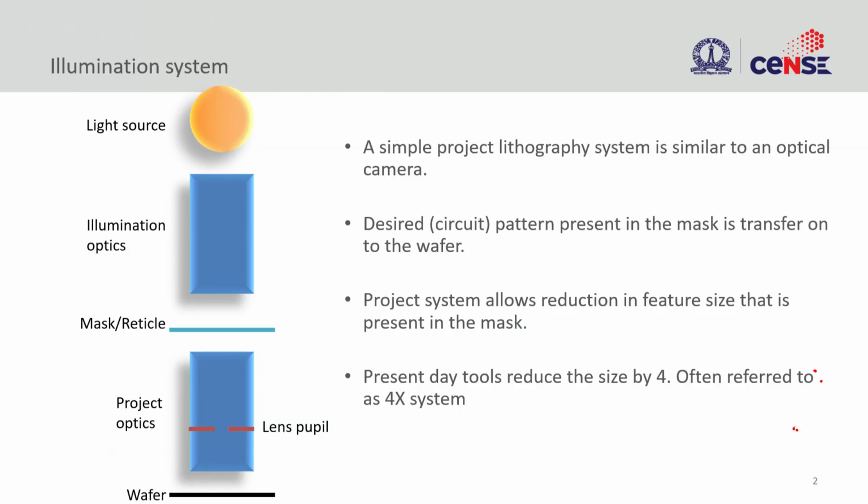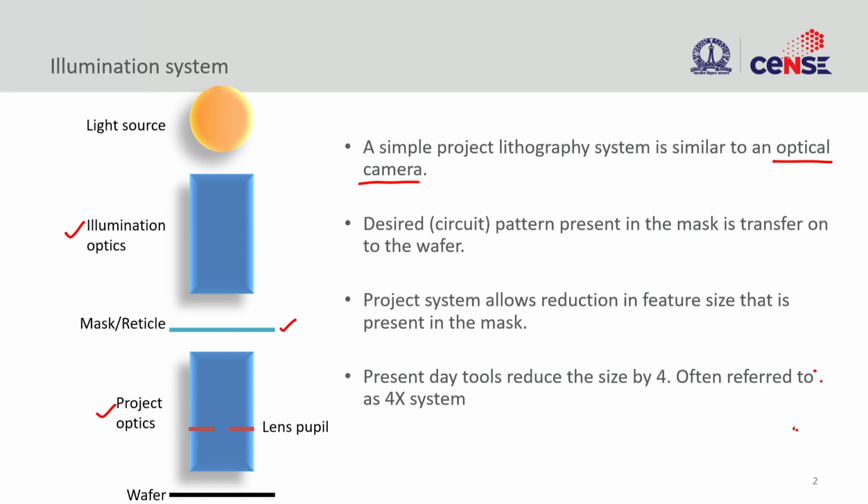So first let us look at the optical system that we have been exploring so far. The projection system is similar to an optical camera. This is something we have been saying multiple times, where you have the illuminating optics and the projection optics. All the patterns that we want to print on the wafer are captured in the mask.